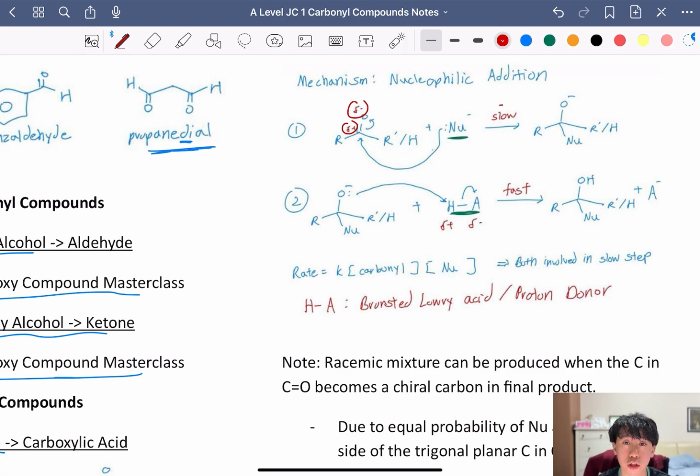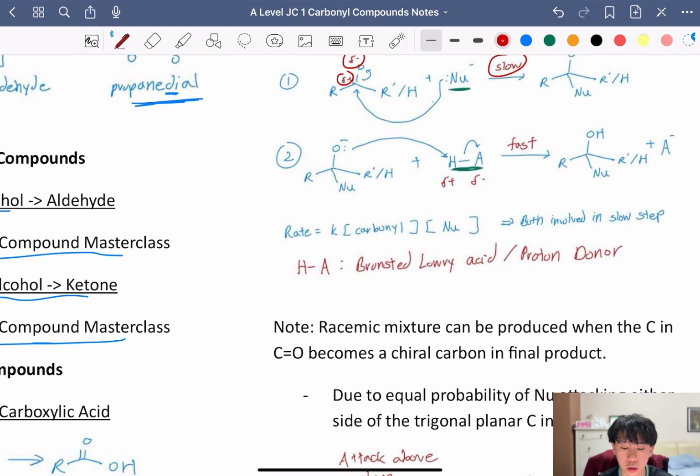And take note that this is a slow step. And that's how your nucleophile will attach itself to the carbonyl carbon. Then, your O minus over here is going to take a hydrogen from a little Bronsted-Lowry acid or proton donor that is inside the solution as well. And because of this, delta plus and delta minus, it enhances the reaction as well.